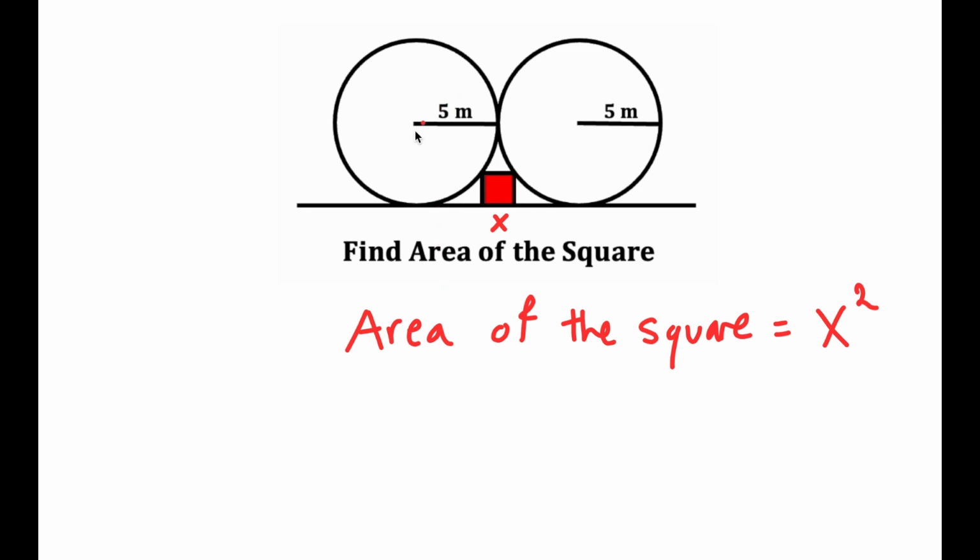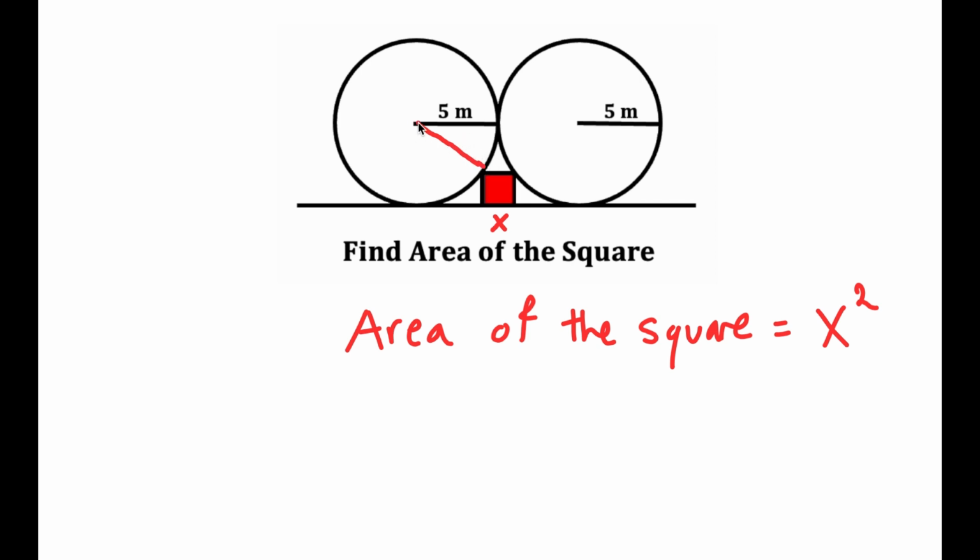Now, we are given that the radius of both of these circles that are on both sides of this square are 5. So what I'm going to do is draw a line connecting this side and this side. So now I have a triangle right here.